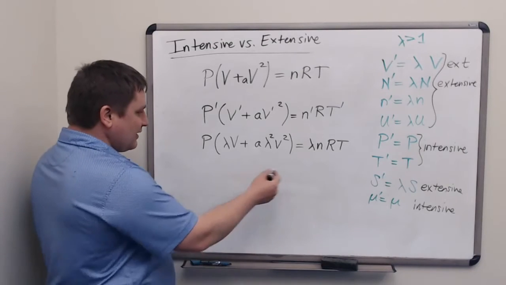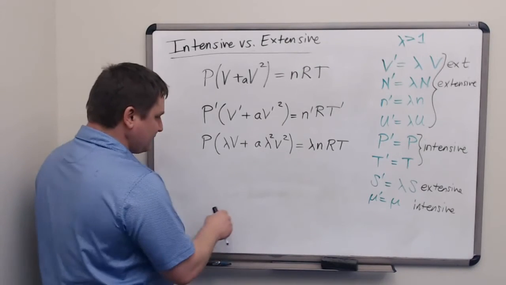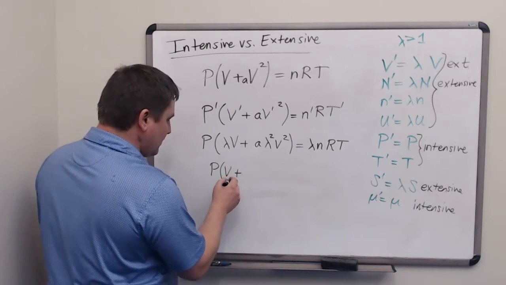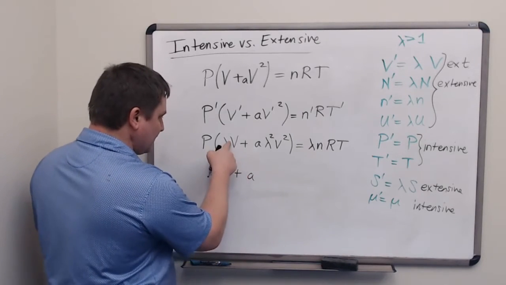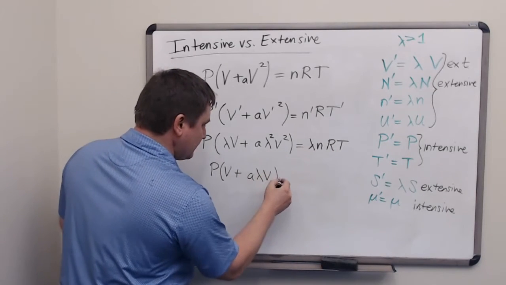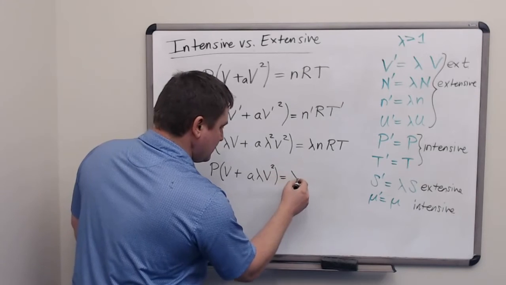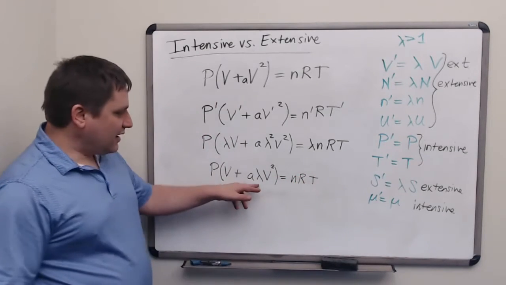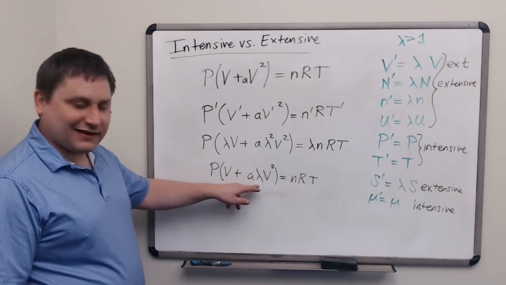But when we look at the scaling of this equation, we can cancel the lambda partially, right? There's one here, at least one here, and one here. So we can cancel some of the lambdas, but not all of them. A scaling factor remains on this term.